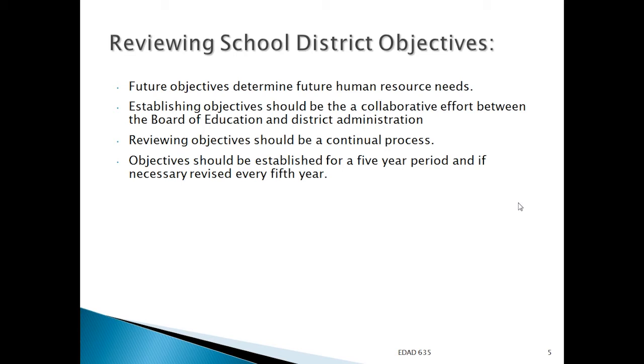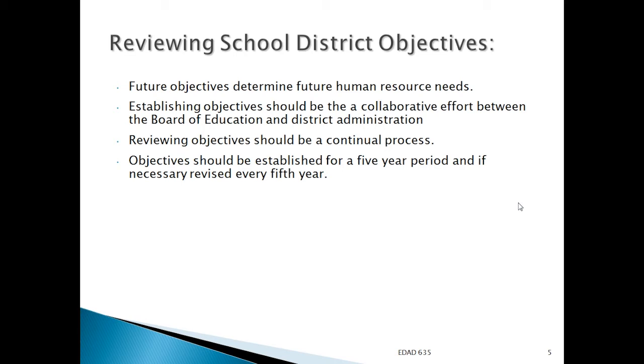It should not be an event. It should be something that's occurring all the time. In other words, conditions change rapidly, and as a result of that, you need to be able to make sure that your goals and objectives can be manipulated so that you can still achieve them based upon the conditions around you.